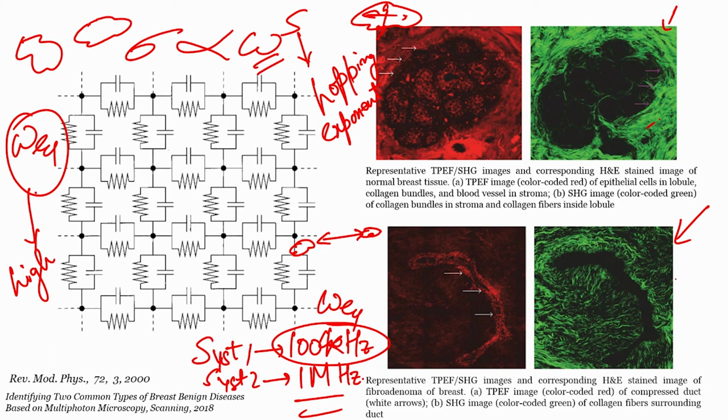Whereas in the case of fibroadenoma, the tissue density along with collagen fiber density is very large, which means the disorder has increased as a function of tumor growth, and this can be a signature of a system which has tumors. This was the only motivation to show how the concepts of disorder and filler fractions can be translated to biological tissues as well.